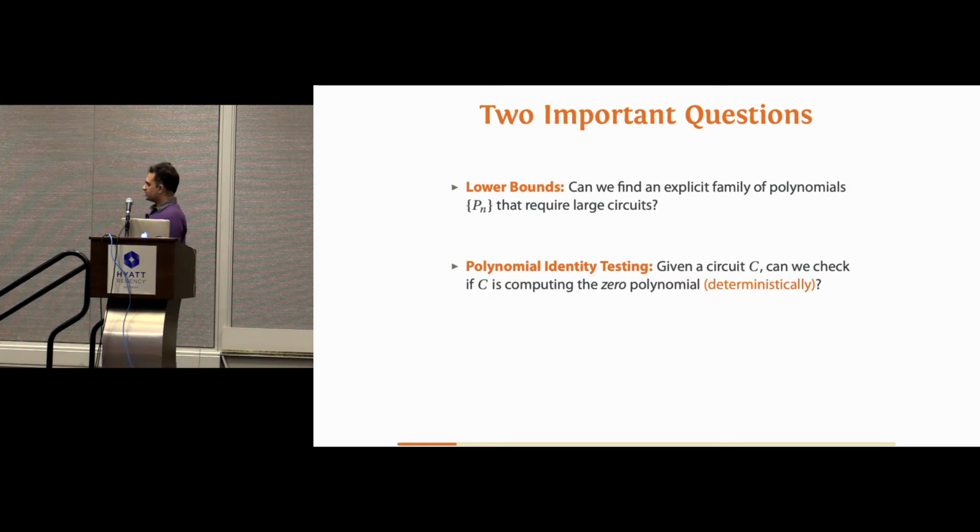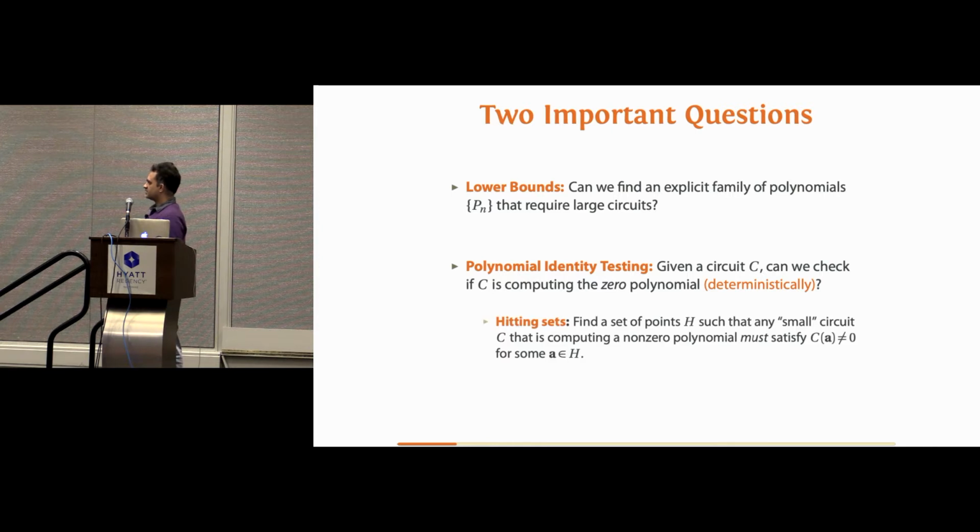And we'll be focusing on a very specific form of this identity testing question, which is the notion of computing hitting sets. This is also called black box identity testing, where what you want to do is, given certain parameters of this small circuit, like for example, the size being s, the degree being d, the number of variables being n, and so on, you want to compute a small list of points such that every non-zero algebraic circuit with these parameters is guaranteed to evaluate to a non-zero value on one of the points in the set H. Such a thing is called a hitting set.